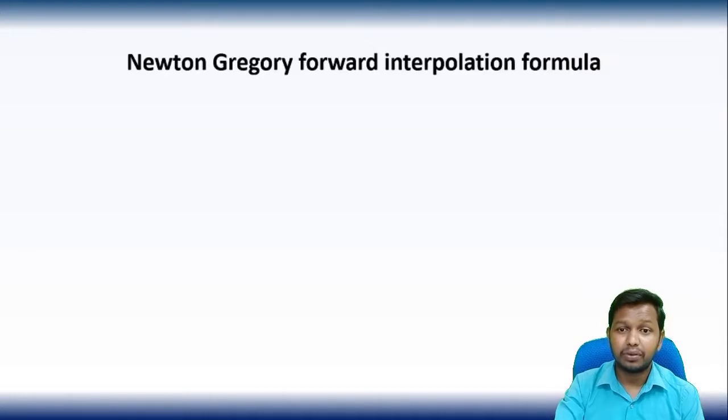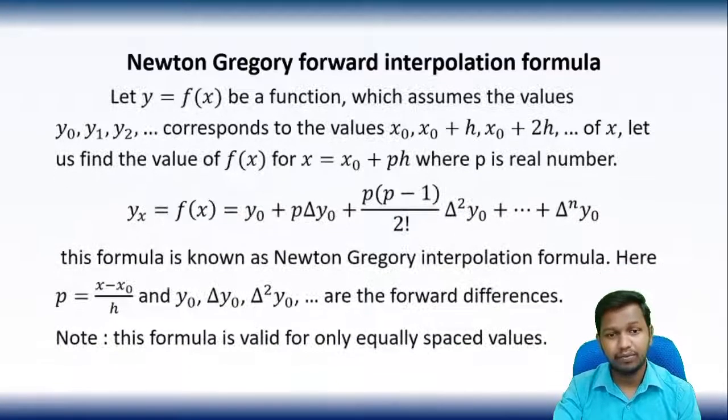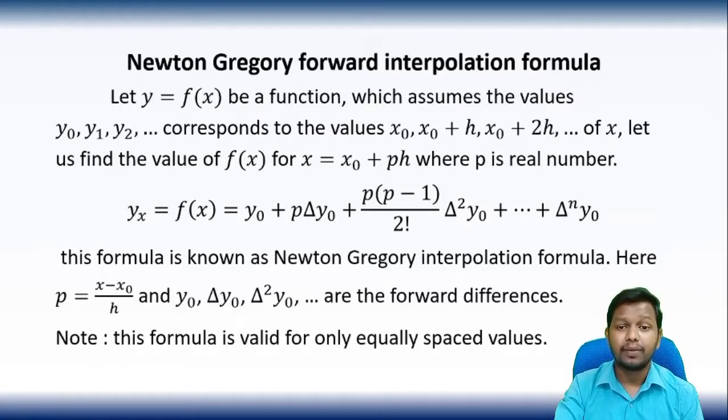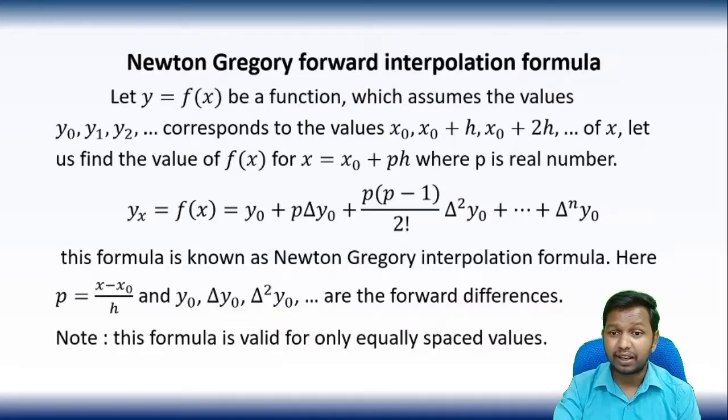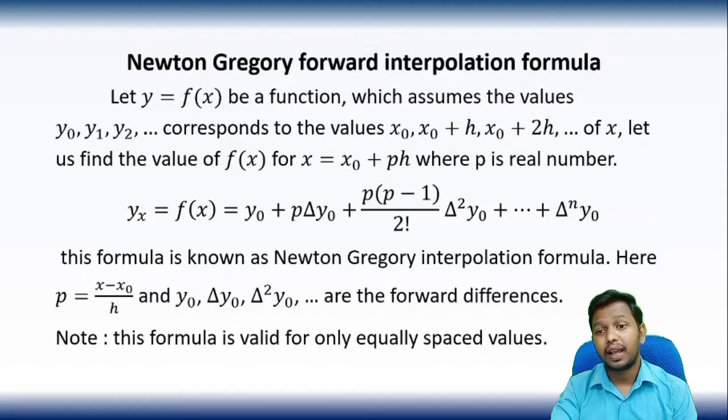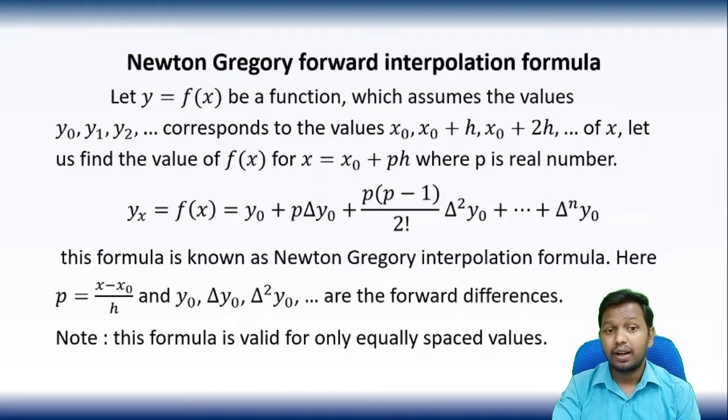Let's see the Newton-Gregory forward interpolation formula. Suppose y equals f of x is a function which assumes the values y0 corresponding to x0, y1 corresponding to x0 plus h, y2 corresponding to x0 plus 2h, and so on. Let us find the value of f of x for x equals x0 plus p into h, where p is a real number.